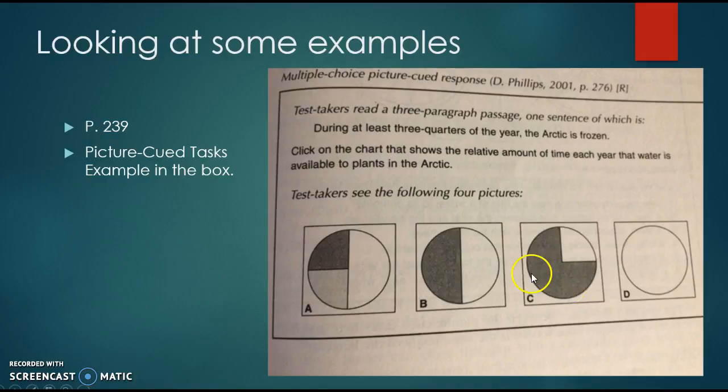And notice that the only way I solve this is 3/4, 3/4. But look what's happening here. The Arctic is frozen 3/4, but in the picture, it looks like the frozen part is 1/4. So the meaning of the sentence is not actually depicted in this diagram.